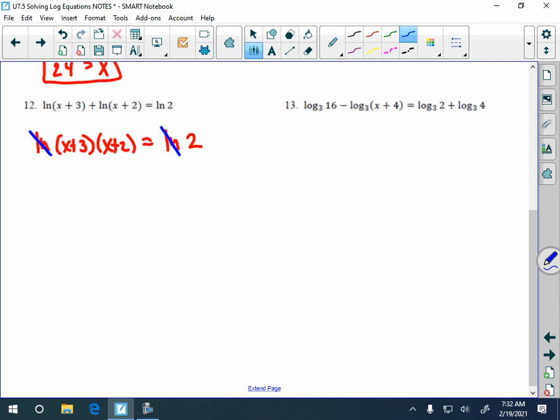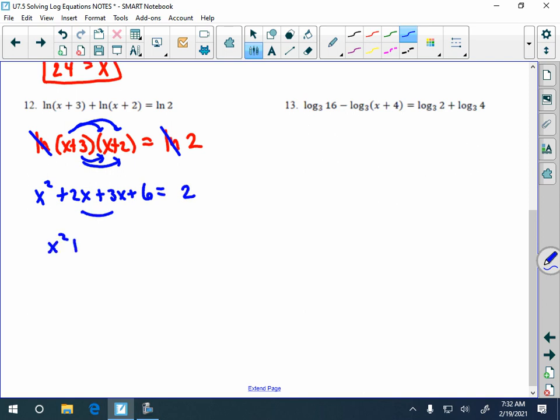So I have x plus 3 times x plus 2 equals 2. Now on this one, I have to go ahead and distribute this x plus 3, x plus 2. I have to multiply those together. So here I can distribute or FOIL. So x squared plus 2x plus 3x plus 6 equals 2.